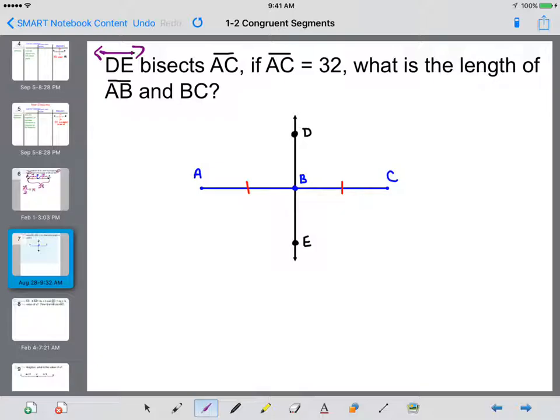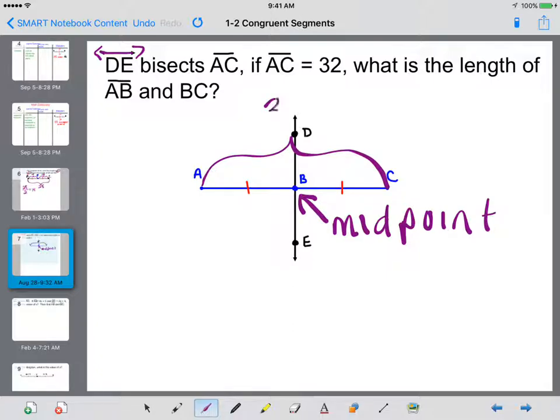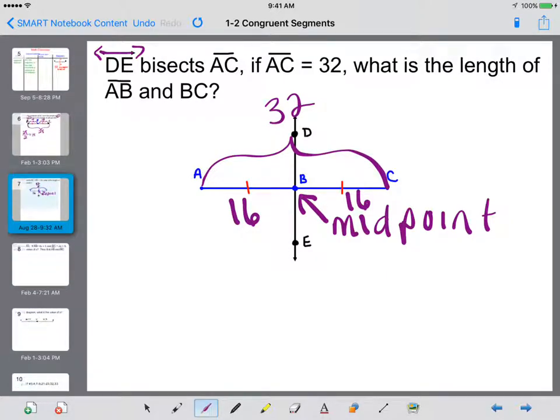So again, this line DE is a segment bisector. It cuts it in half, meaning that B is the midpoint. So again, if AC is 32, we have two equal parts, AB is 16, and BC is also 16.